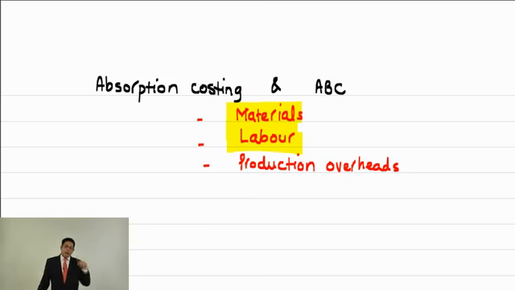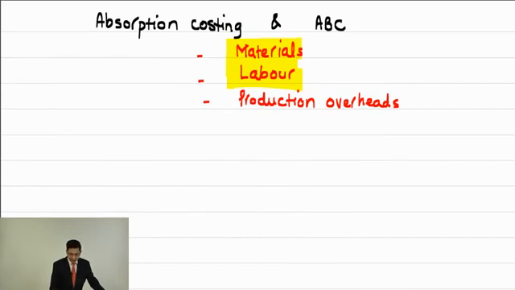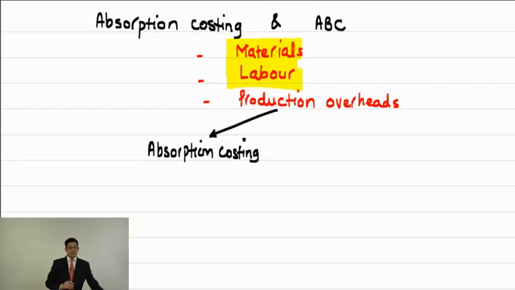When it comes to the production overheads, both techniques work in a different way. For example, when it is absorption costing, overheads are charged using one overhead absorption rate.